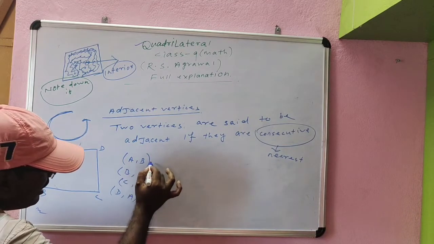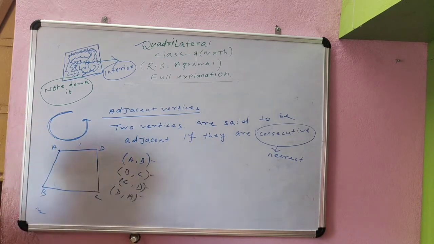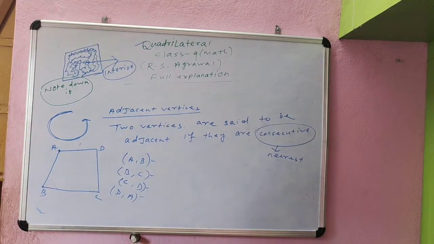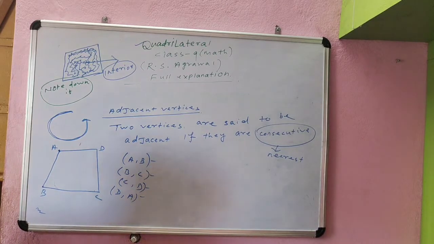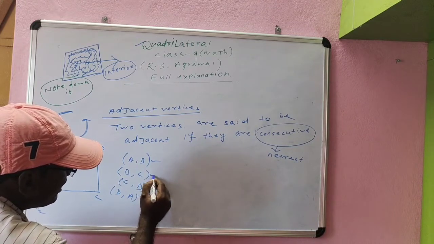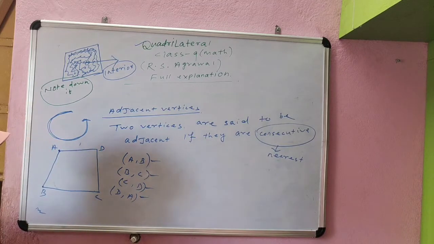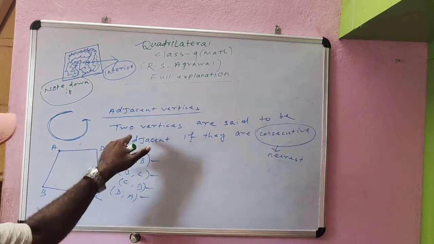So totally 1, 2, 3, 4. So totally there are 4 adjacent pairs. It is 1st adjacent pair, 2nd adjacent pair, 3rd adjacent pair, 4th adjacent pair.